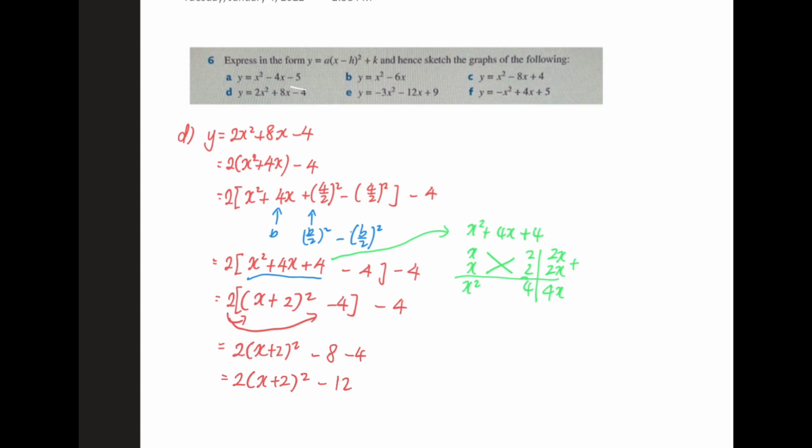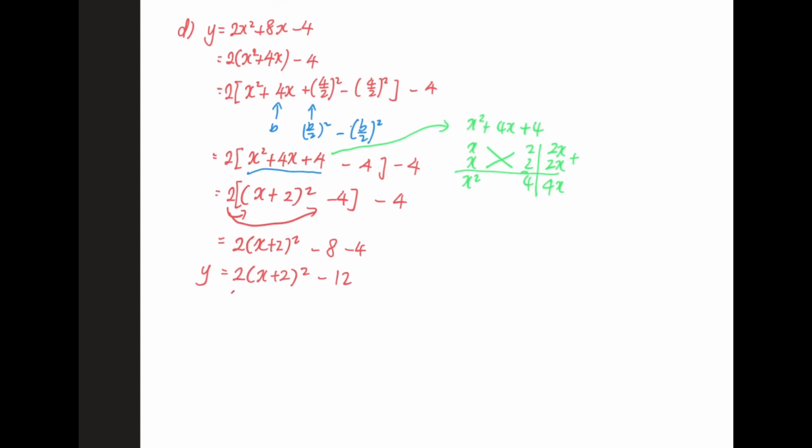So we have to find out the minimum point from this form. To find the minimum point, of course y is minimum because a is more than 0. This is a. a is 2 here, and 2 is more than 0. That means the graph is a smiling face graph, where there is a minimum point.